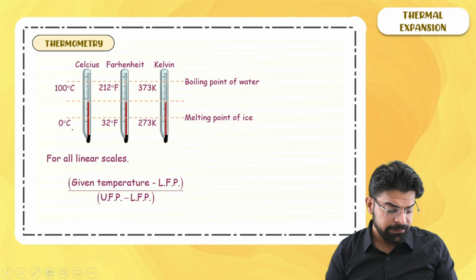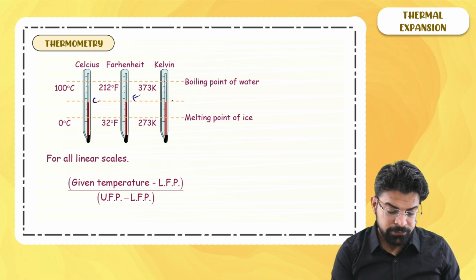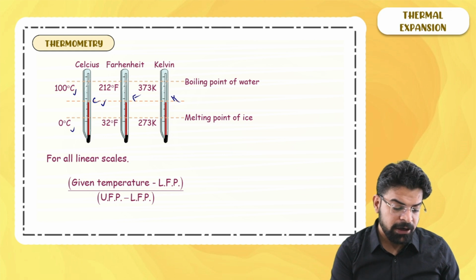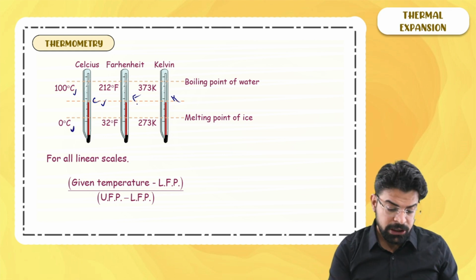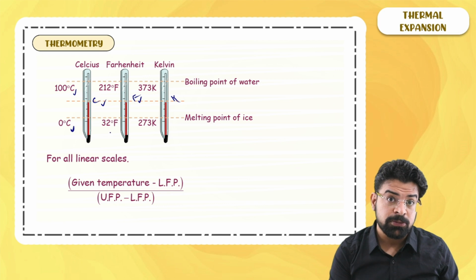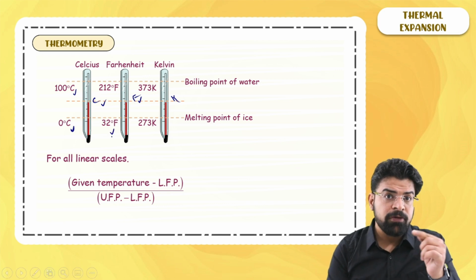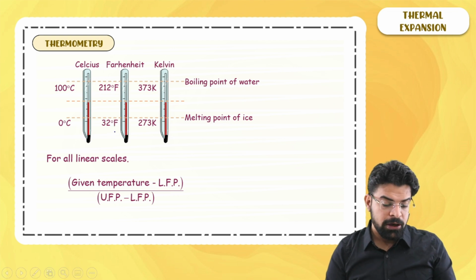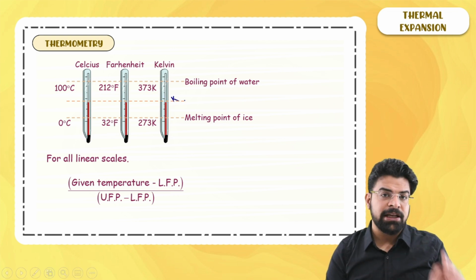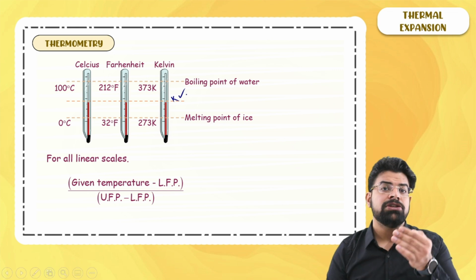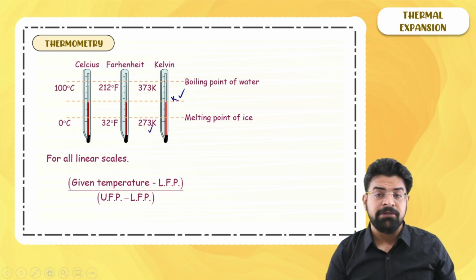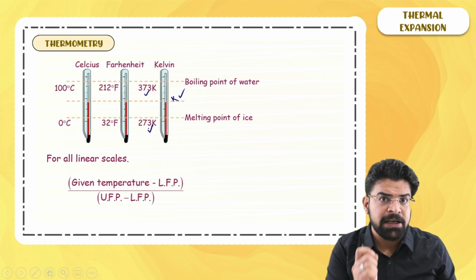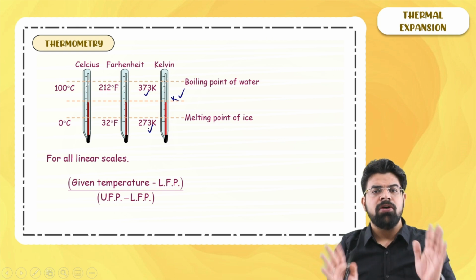So I can say given temperature C minus 0 upon 100 minus 0 is equal to given temperature F minus lower fixed point 32 upon upper fixed point minus lower fixed point, 212 minus 32. And on the Kelvin scale, you can write the same thing as given temperature K minus lower fixed point 273 upon upper fixed point minus lower fixed point, 373 minus 273. This will be the same for all scales.